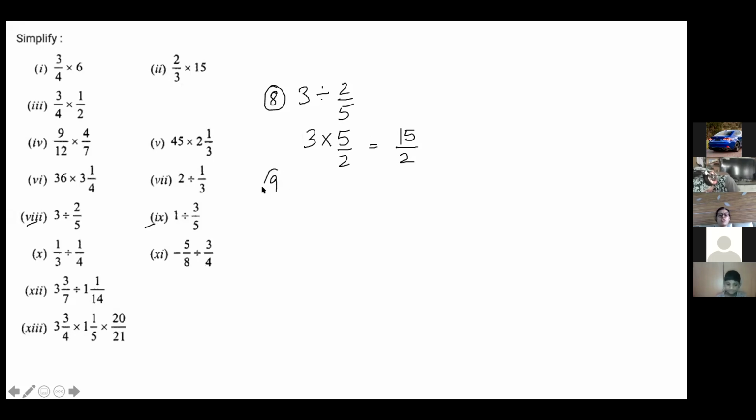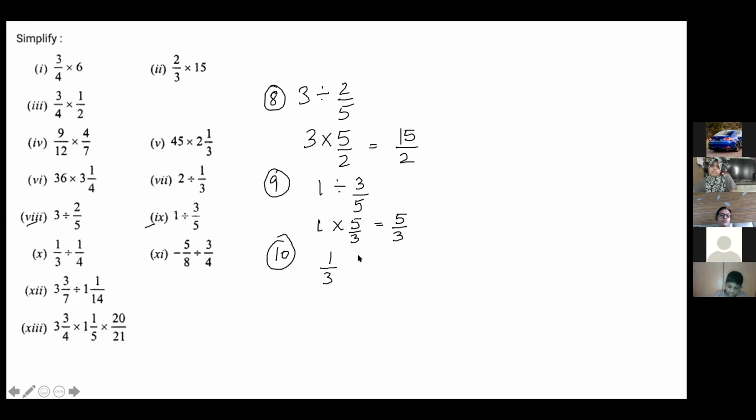Now what is the 9th one? Do it fast and give me the answers quickly. The ninth one is simplest. You will guess just 5 upon 3 only, ma'am. Yes, 5 upon 3. 10th one.